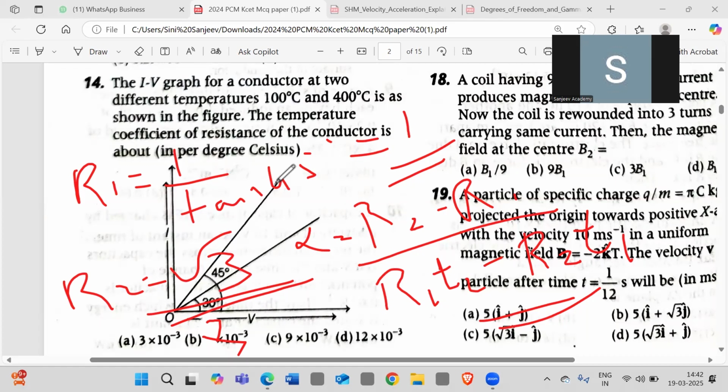Perfect. Correct, Pranav. Pranav, Hasini, correct. Yes. How many of you are not getting it?